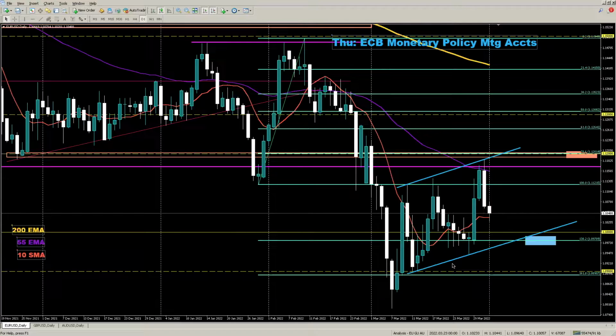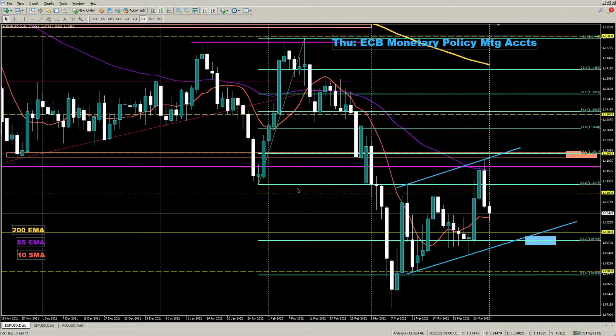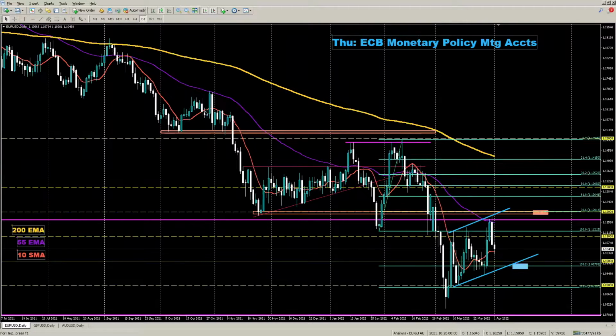And we can add another 00 line here at the 111. All right, so it's not exactly a clean channel, but we can still join the upper and lower wicks together.